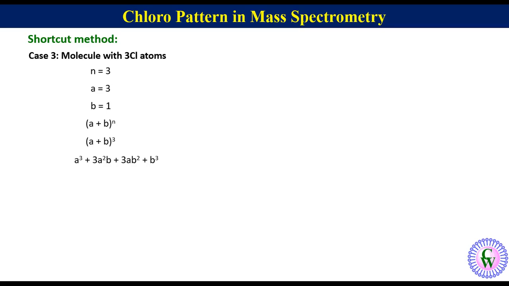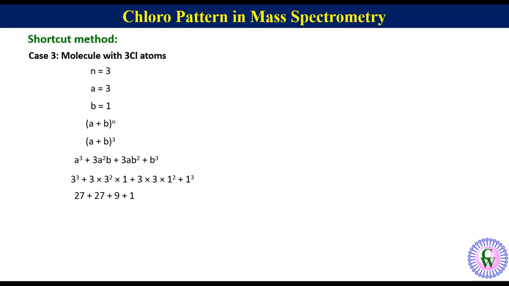Putting the values of A and B will give 3 power 3 plus 3 into 3 square into 1 plus 3 into 3 into 1 square plus 1 power 3, which will be equal to 27 plus 27 plus 9 plus 1.